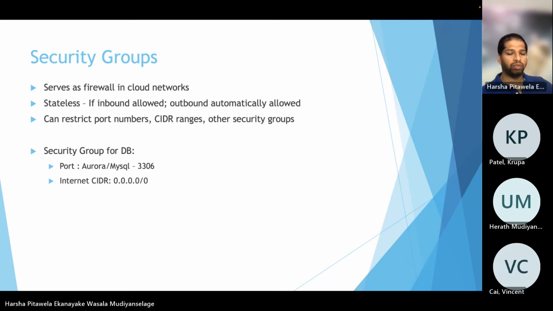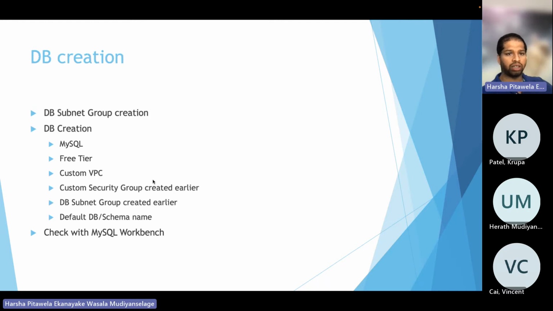Then we can restrict security groups using port numbers, CIDR ranges, and we can specify other security groups and subnets. So the security group for the database, this is how we specified it. We allowed port 3306. For the internet CIDR, you can specify 0.0.0.0/0, maybe for a load balancer where you allow the entire internet to access.